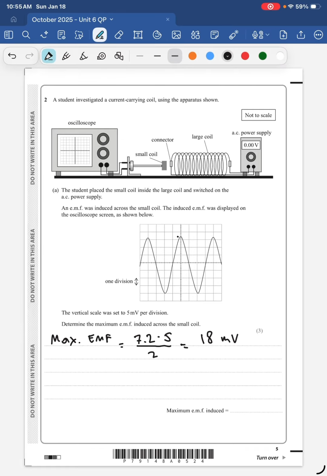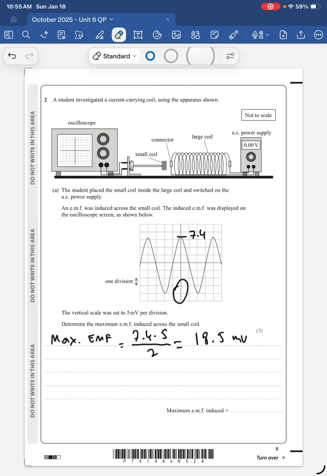This is 2 divisions there, so 7.4. 7.4 times 5 over 2 yields 18.5 millivolts. I'm sorry, I didn't see the scale there. So, see, I make mistakes when I don't work out the problem in advance, and I'm working it on the fly.